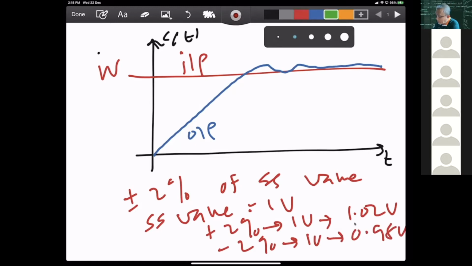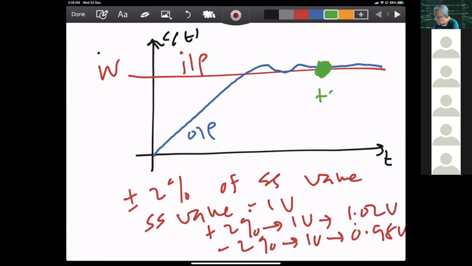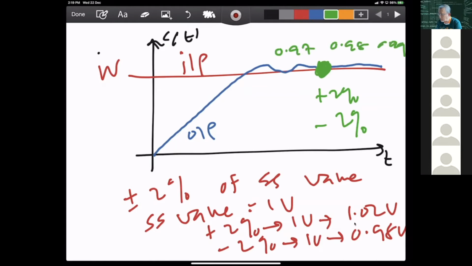So it ends up here. Plus minus 2% means it will see either plus 2% or minus 2% by approximation. When it goes up here, we will see 0.97, 0.98, 0.99, or 1.00, 1.01, 1.02.